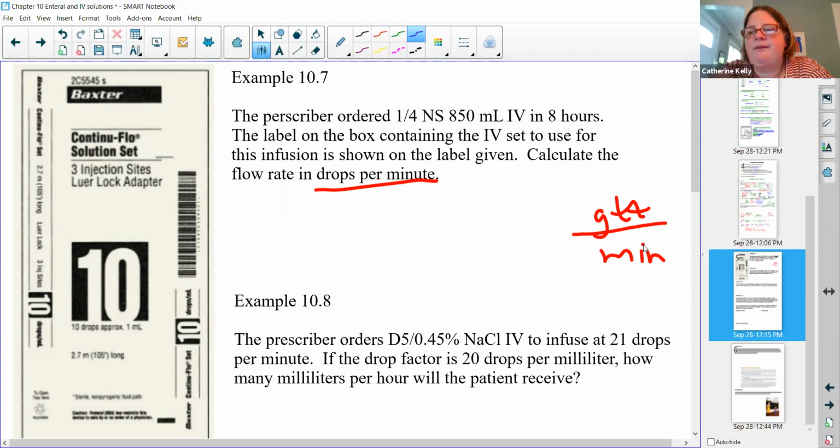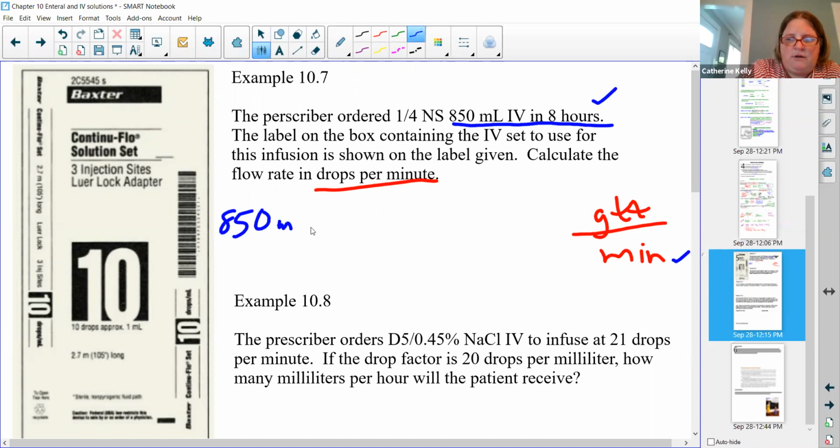And when I say drops per minute there, I'm going to look for something with drops or something with time. And if I look in the stuff given to me, the only thing I see is 850 milliliters in 8 hours. So that's good because it gives me a time. So 850 milliliters in 8 hours.